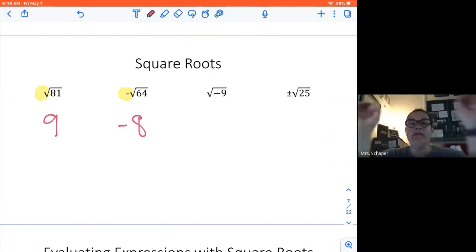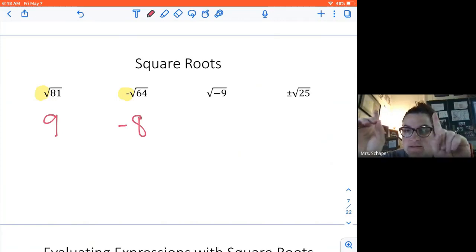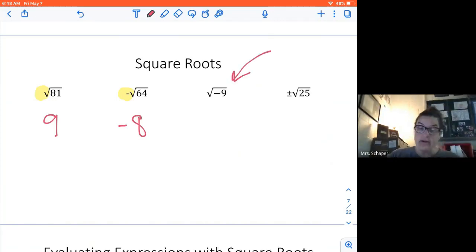Okay, so if you've been tuning out a little bit, I need you to tune back in to hear this. This next example, the square root of negative 9. Notice how the negative sign is inside the radical. If you have the negative sign inside the radical, it's actually going to be an imaginary number. Now, in 8th grade, we don't talk about imaginary numbers yet. That's something you're going to be talking about when you get into Algebra 2.